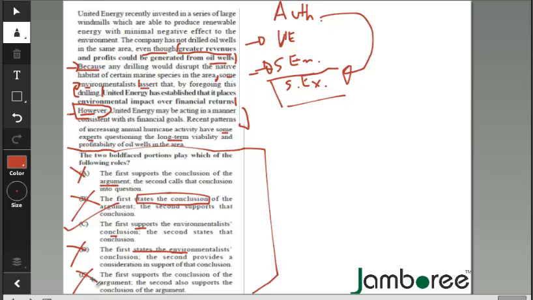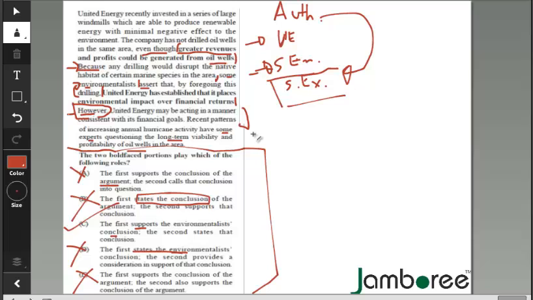Okay, option A and option E, the first part is the same. It says the first supports the conclusion of the argument. So option A and E have the same beginning. Now what is the conclusion of the argument? The conclusion is that United Energy have moved to windmills because in the long term, the oil wells in that area will not be viable and profitable.